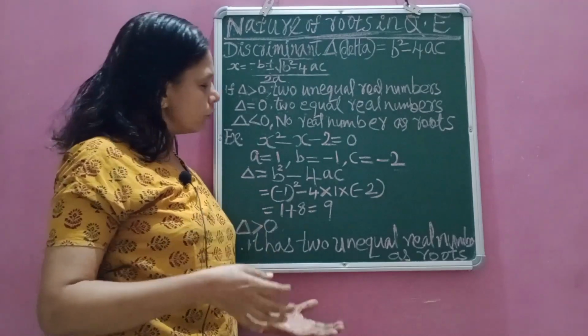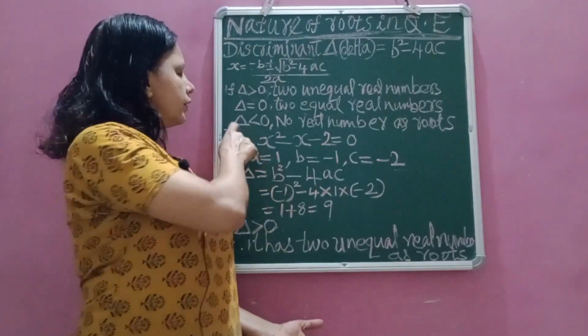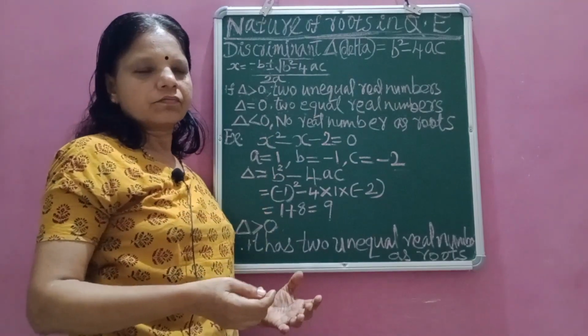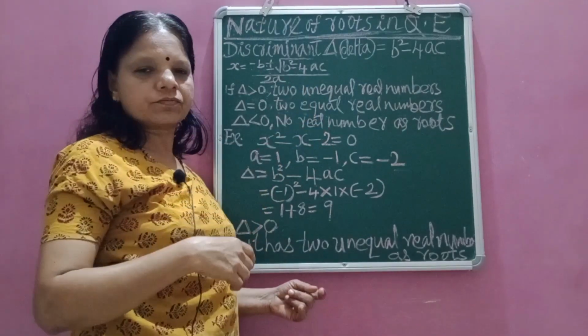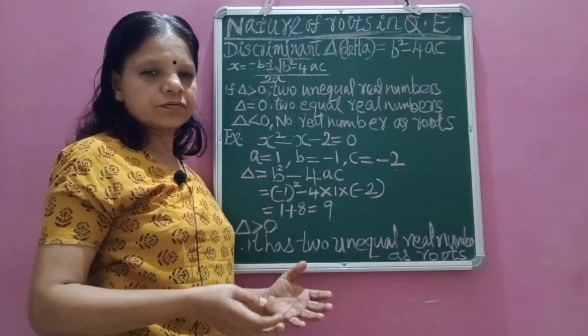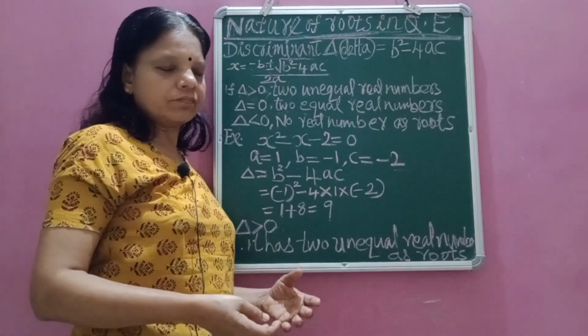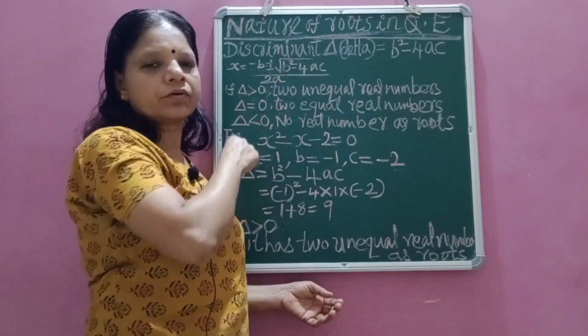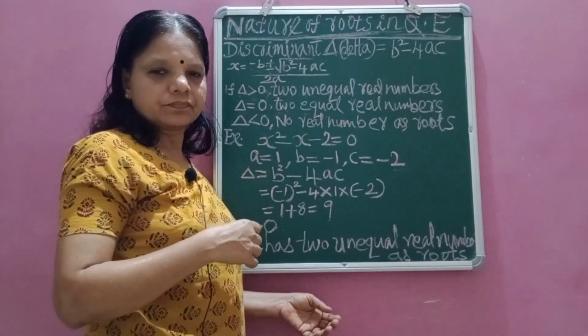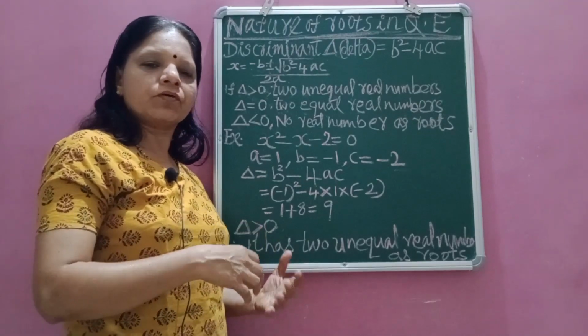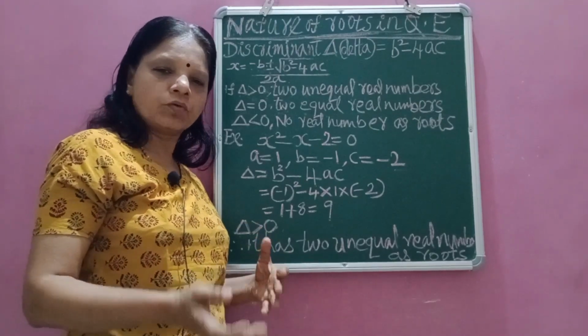Now it is also possible that delta is less than 0, that is, when you calculate the value of b square minus 4ac, it is possible that it is negative. So that time what will happen? We cannot find the square root of negative number, because we know that square of both positive and negative real number is positive.